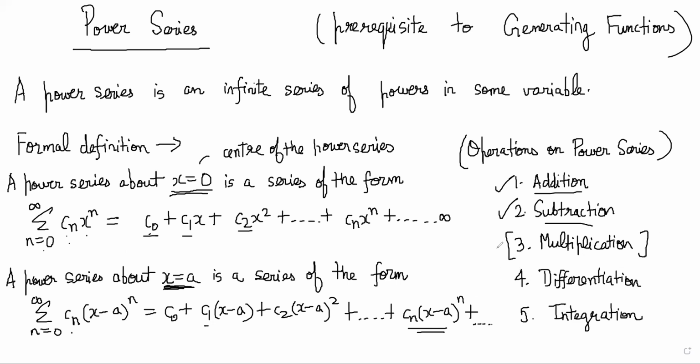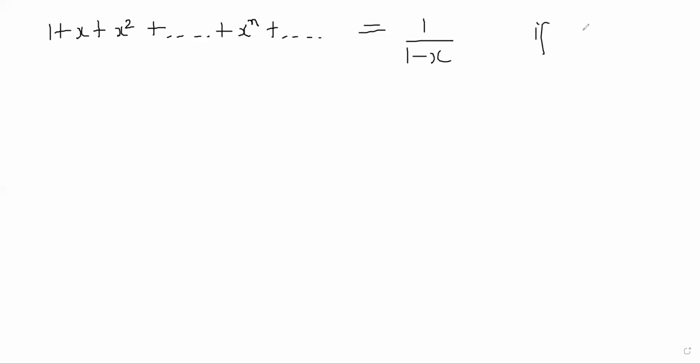But before that, we want to look at a basic power series that you are all familiar with. You know the sum of this series. When you have studied GPs, or geometric progressions, you know that this series equals 1 by 1 minus x if mod x is less than 1, that is, if the common ratio of the GP is less than 1.